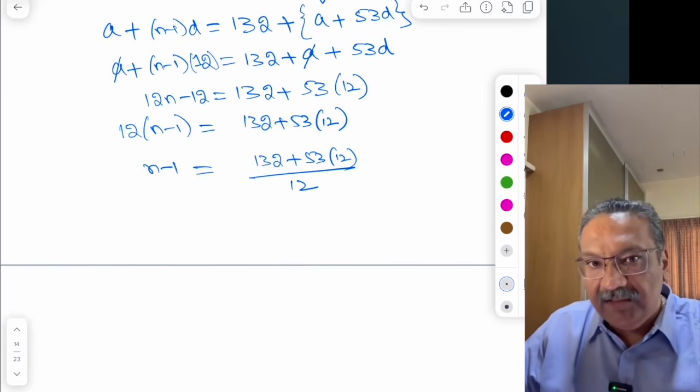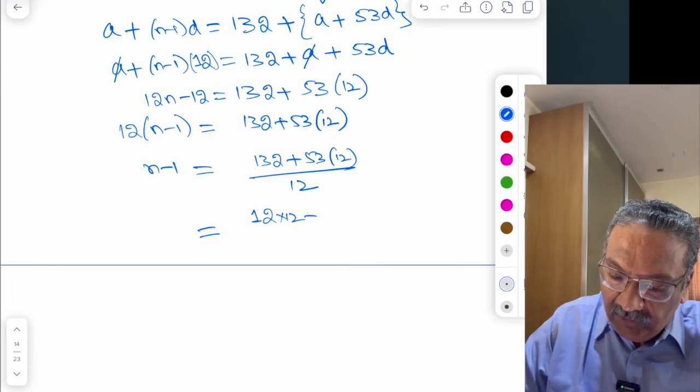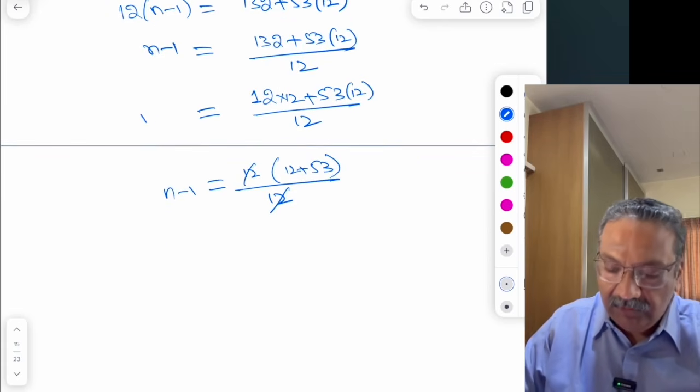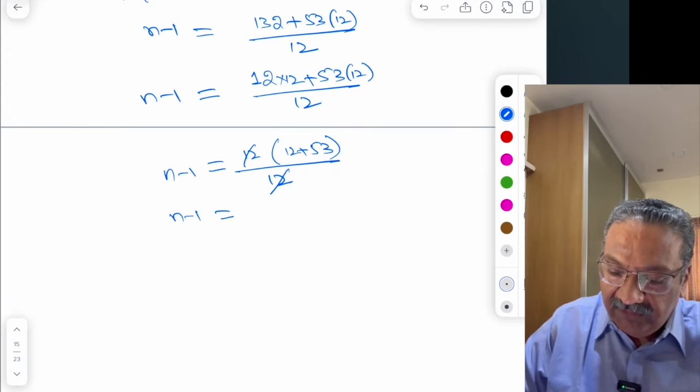Can I express 132 in terms of 12? Yes. 12 ones are 12, 12 twos are 24. So 12 into 12 plus 53 into 12, divided by 12. Both sides 12 is common. 12 plus 53 by 12. 12 and 12 get cancelled, which is equal to n minus 1. So n minus 1 is equal to 12 plus 53 is 65.